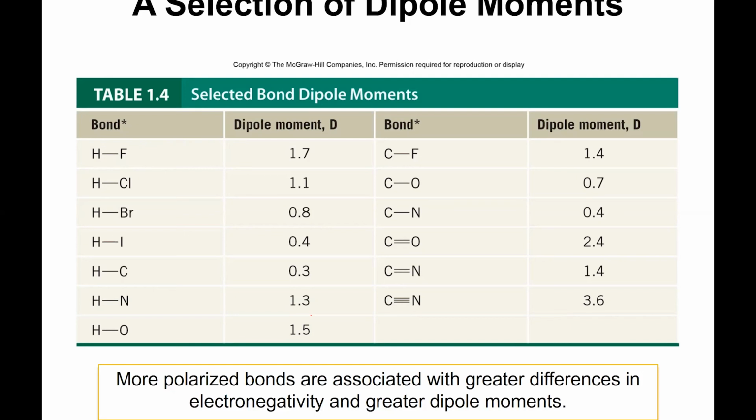So the greater the difference, the greater the dipole moment. Like we said, between hydrogen and fluorine, there is a very large difference. And so there's a very large dipole moment, meaning that there's a big difference of positive and negative region. But if you look at something like carbon and oxygen, like I brought up, the dipole moment is very small. These are very similar in their electronegativity, and so the electron density is shared pretty equally between these two things.